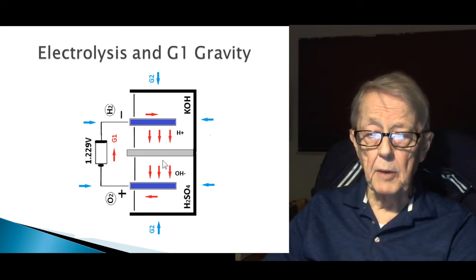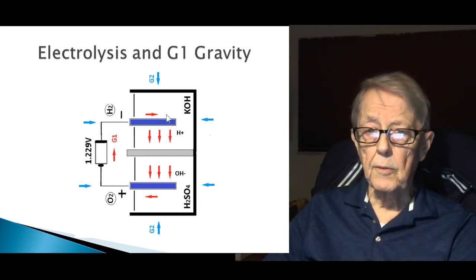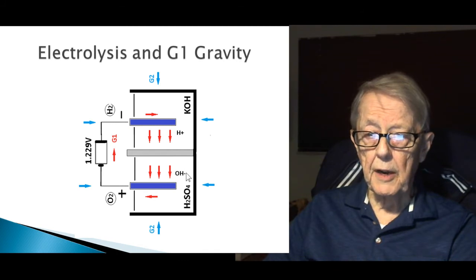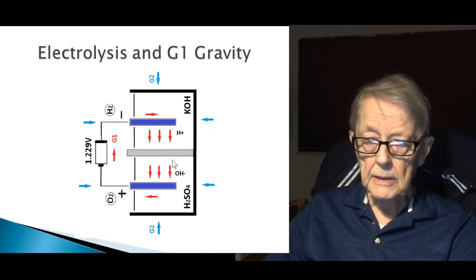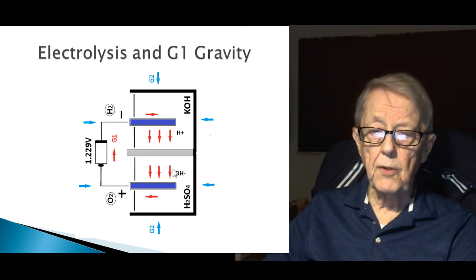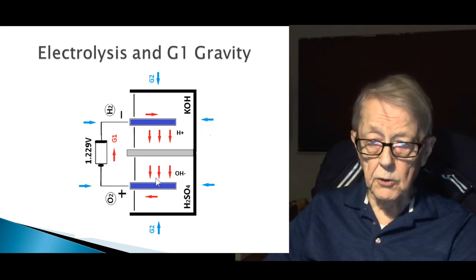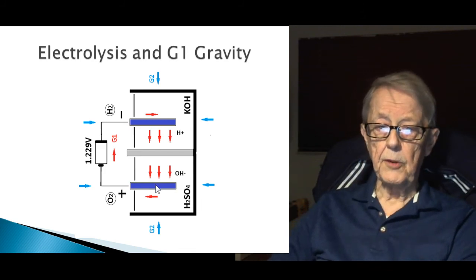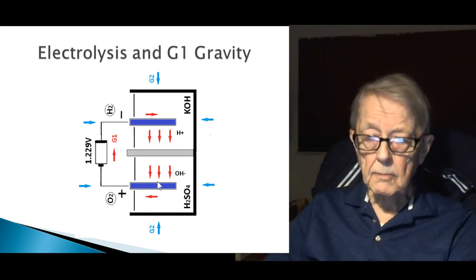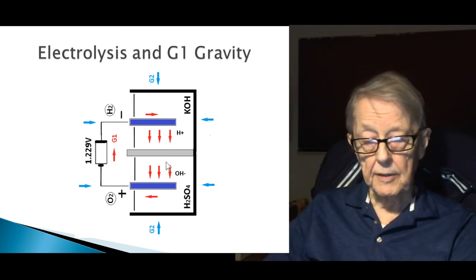And what you have here, I'm going to contend, is nothing more than G1 gravity going from here to here, where the G1 particles are pushing on the hydroxide ion. They're heavier than the hydrogen ion, and so the hydroxide ion will fall towards, I say fall because I flipped it, but fall towards the positive terminal, letting the hydrogen ion float up.